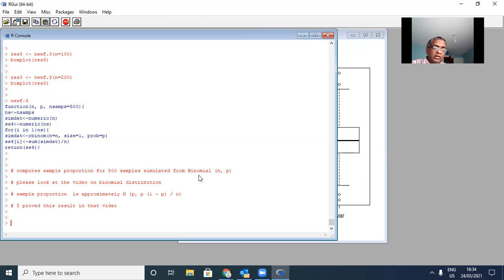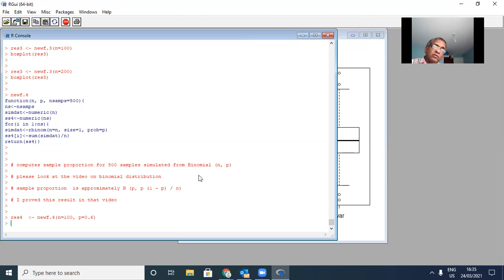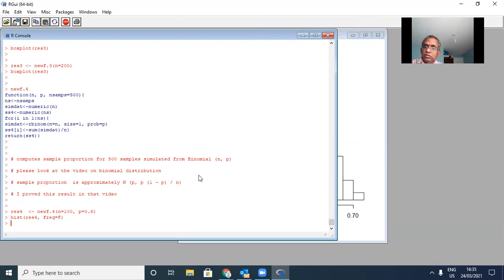So the first thing I want to do is to use the function new f dot for and say, let's take n to be 100, let's take p to be 0.6. And then I will draw a histogram of the simulated data with the frequency equal to false.